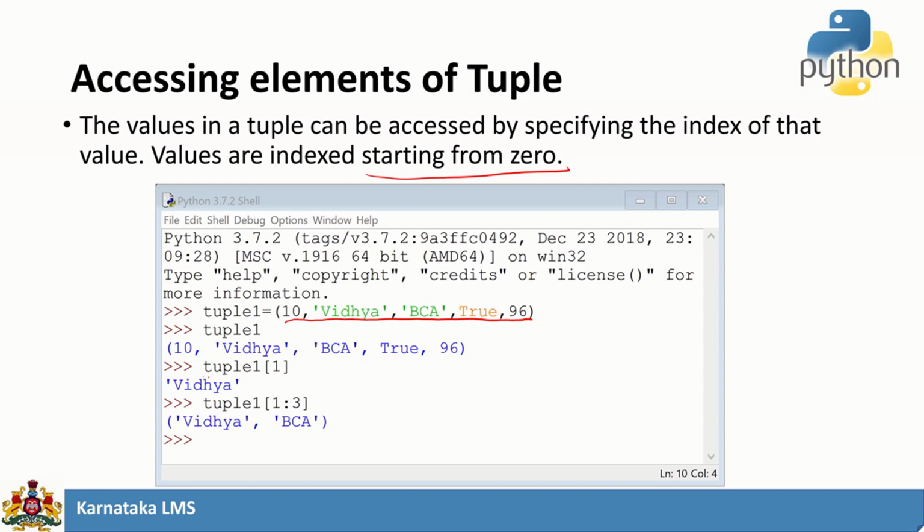I am trying to access tuple 1 of 1. So index 1 should return Vidya. I can even use slicing, tuple 1 of 1 colon 3. We know that it will consider only the upper limit minus 1. So it will return Vidya, BCA.